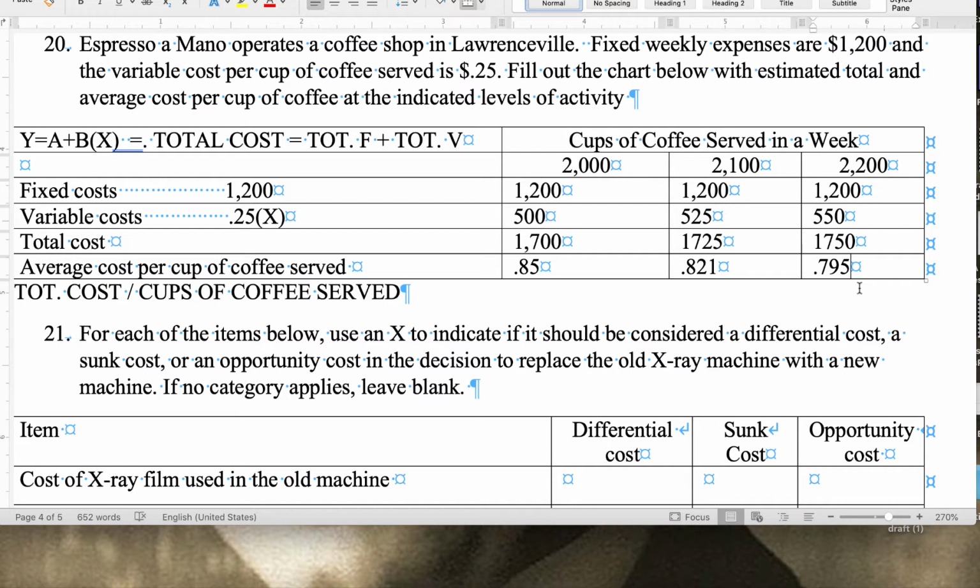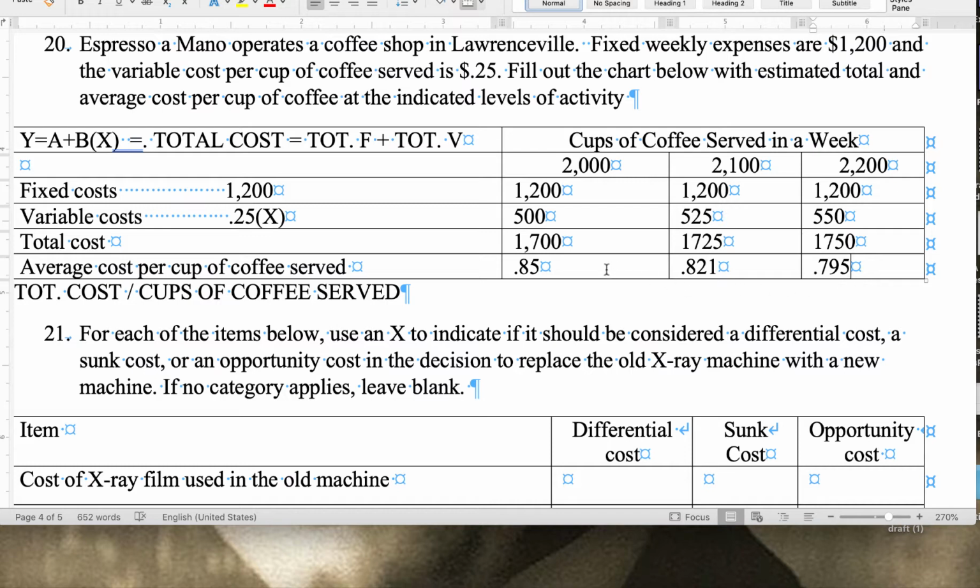Why? It's because of fixed costs, okay? If you remember in the lecture video, we say we never, ever, ever report fixed costs on a per unit basis because it gives us the illusion that fixed costs will change as activity level changes, right? We know in total that's not the case. However, on a per unit basis, it does.